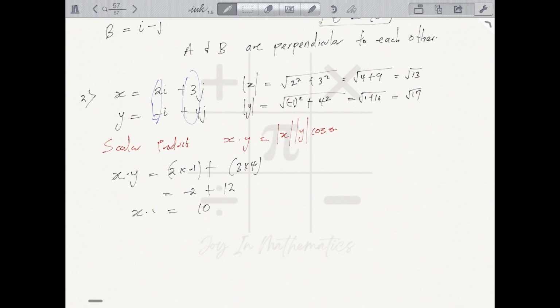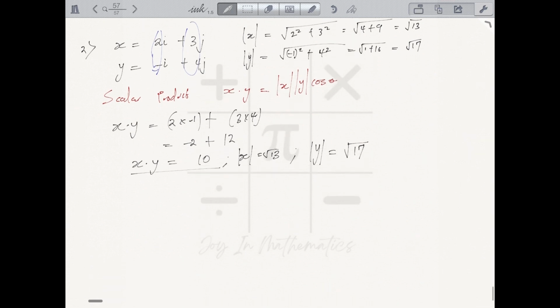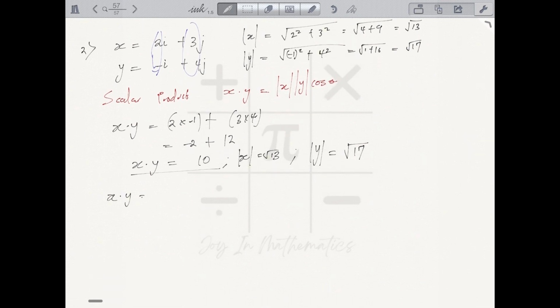So we have x dot y equal to 10, modulus of x equal to root 13, and modulus of y equal to root 17. Then we can evaluate our theta. From x dot y equal to modulus of x modulus of y cos theta, cos theta is equal to x dot y divided by the magnitude of x multiplied by the magnitude of y. So this will be 10 divided by root 13 multiplied by root 17.